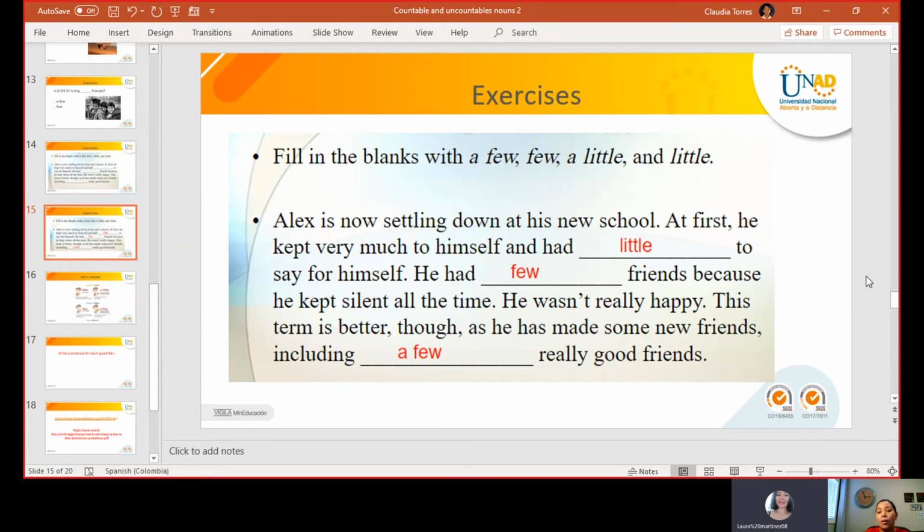Yes. Now, in the next sentence, this term is better, though. Though is like but. Remember, it's like a contrast, a change. As he has made some new friends, including a few really good friends. So now he has more friends, right?